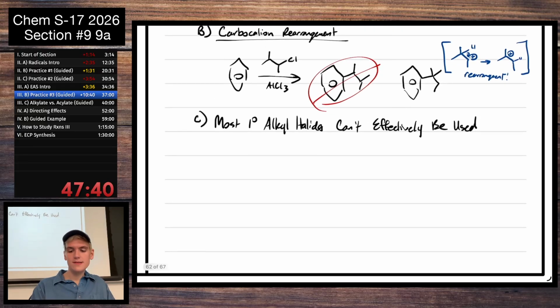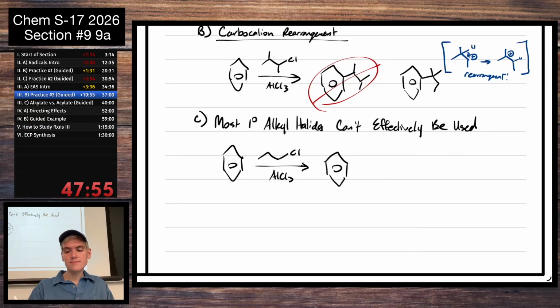So what happens is, let's say we try to do this Friedel-Crafts alkylation with propyl chloride. If we try to do this with propyl chloride, the product that you would expect is this.